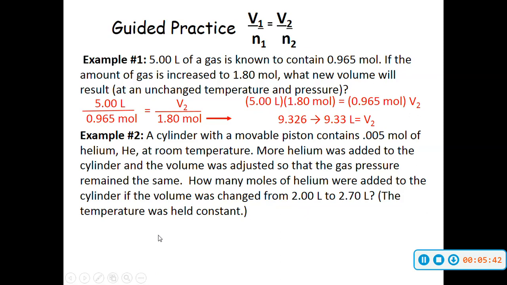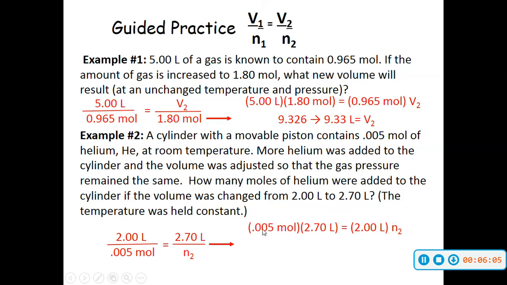If we plug those variables into our formula, we have 2 liters divided by 0.005 moles equal to 2.7 liters over our unknown number of moles. Again, we cross multiply when we're given fractions.